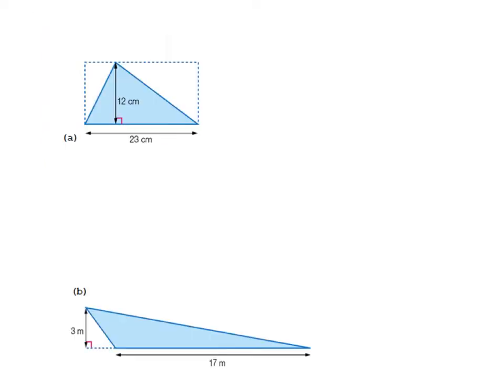Right, let's go to the next. So if we look at this, for example, we've got 12 centimeters in height, 23 centimeters as a base. So we'll go 12 times 23, which gives you 276.